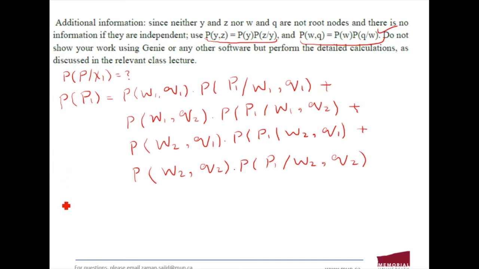So the next step will be my probability of P1, that should be equal to the probability of W1 and Q1.